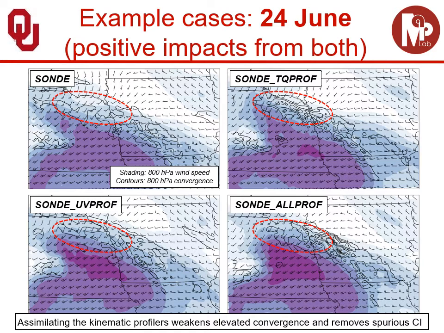So while SOND TQ-PROF is adding that additional moisture, we're also seeing a lot more convergence when we assimilate that thermodynamic data, and thus when we assimilate the wind data as well in the SOND-ALPROF experiment, it brings some of that convergence back down to baseline level. So this means that basically when both profilers are assimilated, we're seeing reduced convergence in this region where there shouldn't be any convection, and that means the kinematic profilers can help clean up some of that spurious CI.